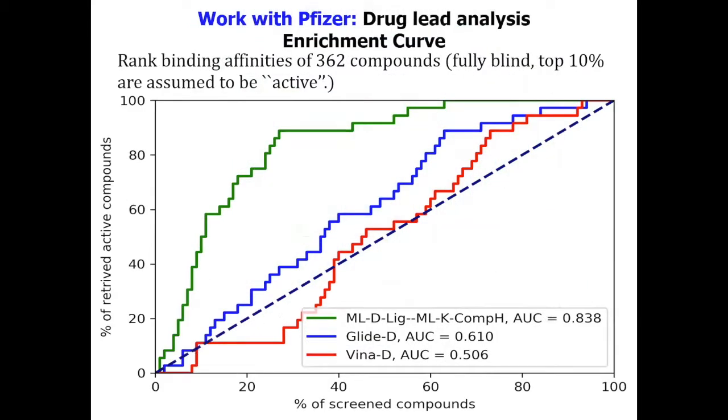This is the enrichment curve. You can see that the methods we are using certainly have better enrichment compared to Glide. Glide is better than AutoDock Vina, just like the earlier talk I mentioned. This is consistent with that. But Glide is not as good as what we do using machine learning. This is also fully blind.